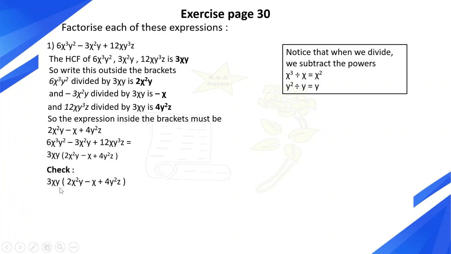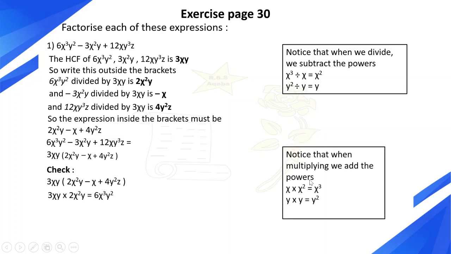First, you have to multiply 3xy by 2x squared y. Multiply the first term by the first term. And also you have to remember, when multiplying, add the powers. So x times x squared equals x cubed, because 1 plus 2 equals 3.